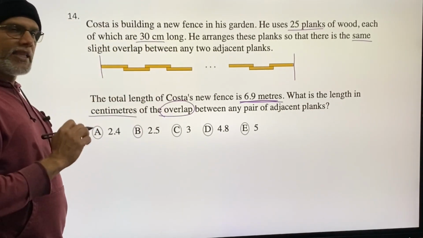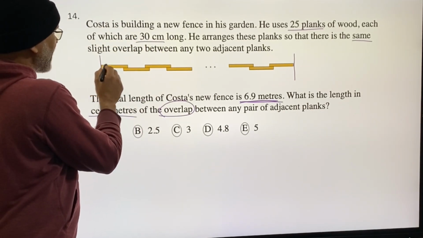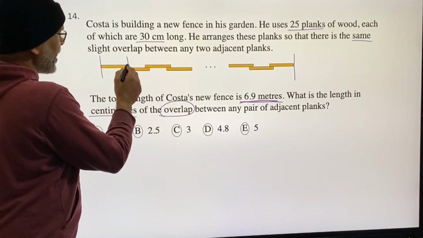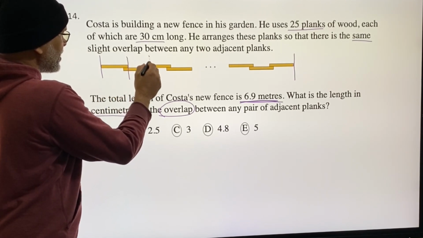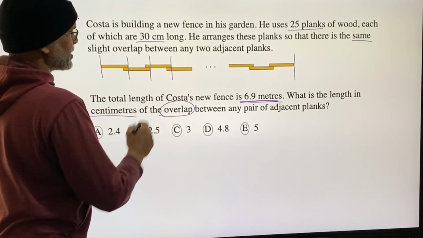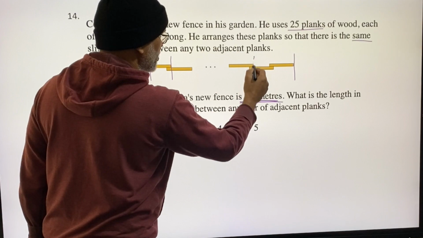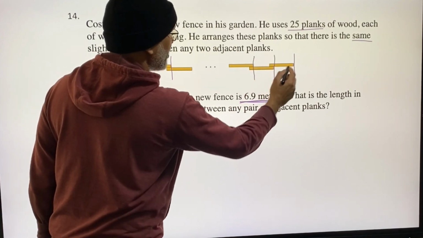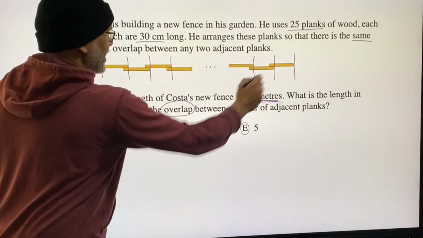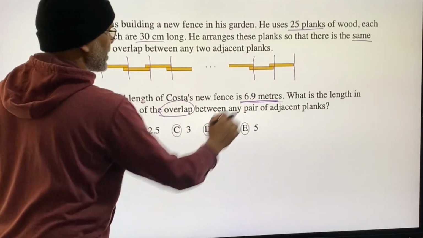How can I get that length? I start from the first plank and see where it ends. Okay, so from there I go to the next and see where it ends. Go to the next and see where it ends. So on and so forth. So I end here and here. Now if I can add up these lengths, I should get 6.9 meter.